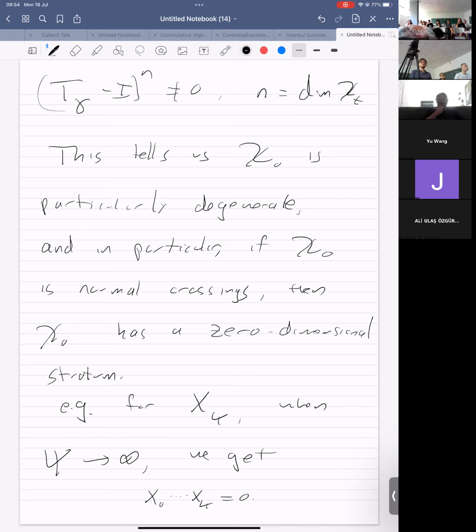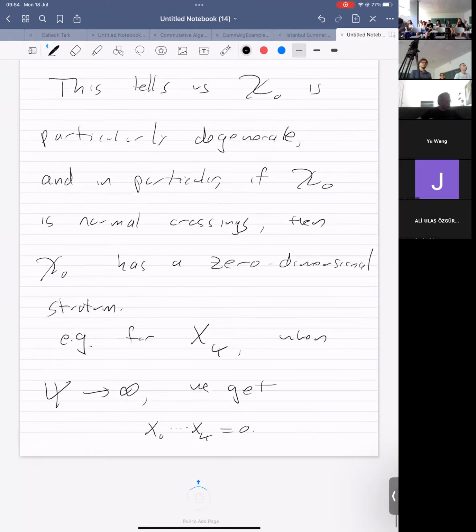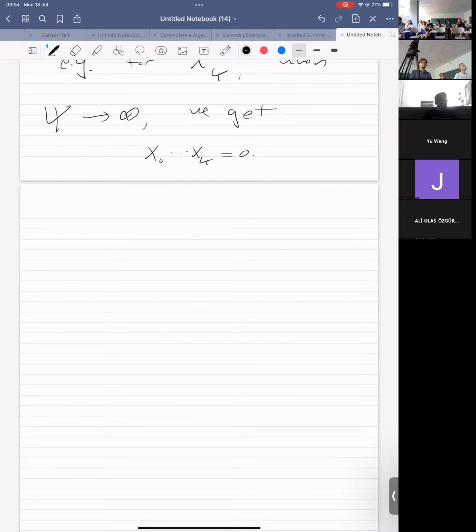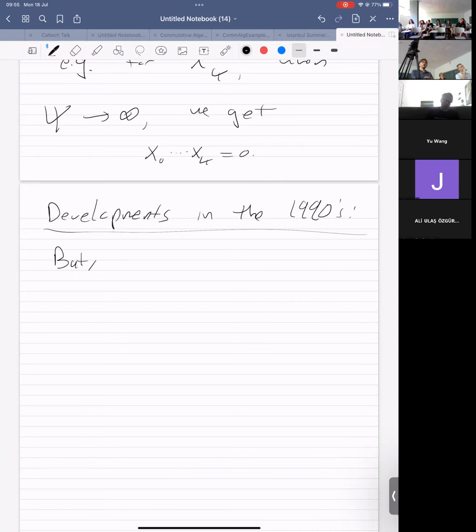Okay, so that represents the early 90s. There are a couple of developments that any historical survey needs to touch on. The first is Batyrev's construction. I'm going to say very little about this.